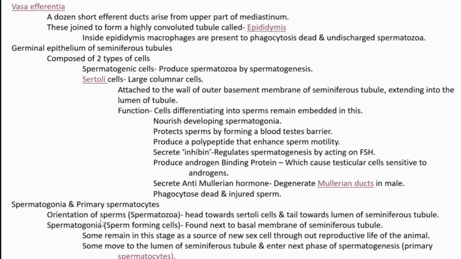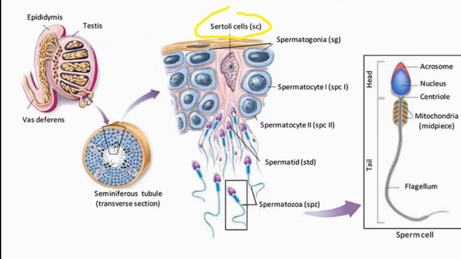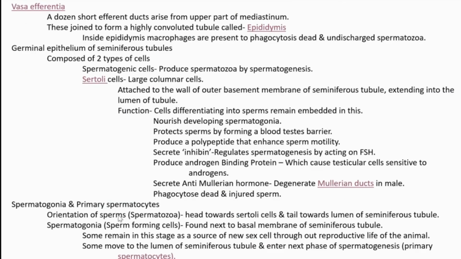We need to understand the orientation of developed sperms inside the seminiferous tubules. In the picture we can see the head always pointed towards the wall of the seminiferous tubule, towards the Sertoli cells, and the tail directed towards the lumen.